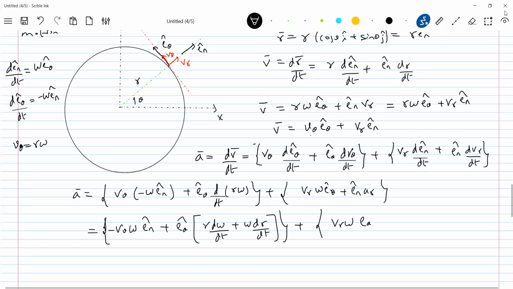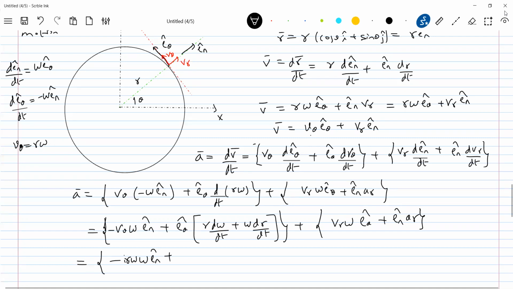Vr omega e theta cap, en cap into er. Okay, let's expand further. Minus v theta. V theta, what can you write it as? R omega en cap. And just check once. En cap.